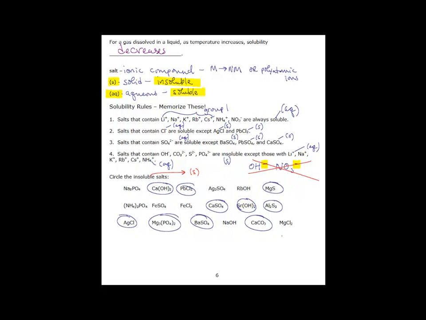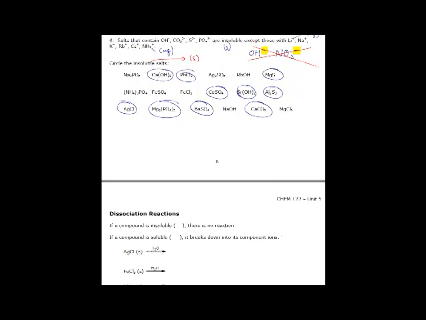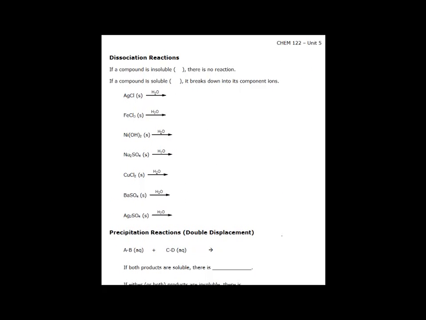So hopefully these rules are starting to stick. Write them down, review them. They are very useful. Now we're going to apply these solubility rules to reactions, and you will have a reaction section on your exam where these rules will be applied. So like I mentioned earlier, it's very hard to be successful at the Unit 5 exam if you don't memorize your solubility rules.